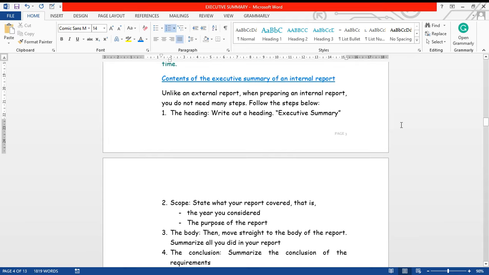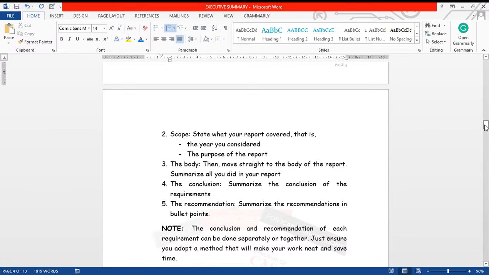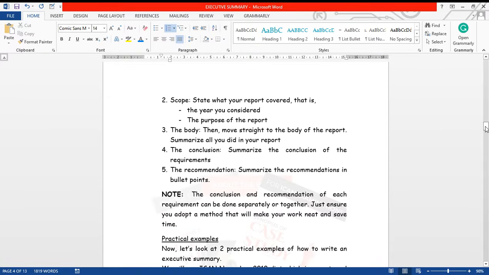So you have your heading, just like you had for external reports. You have your heading, the executive summary, then the scope, that is what your report covers.